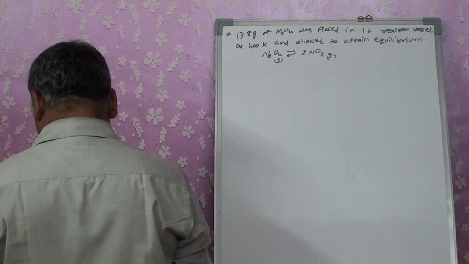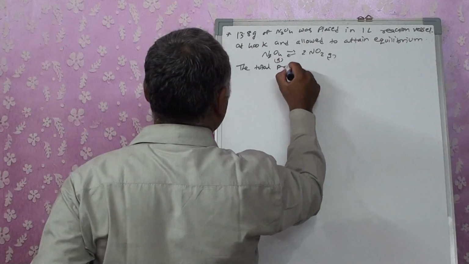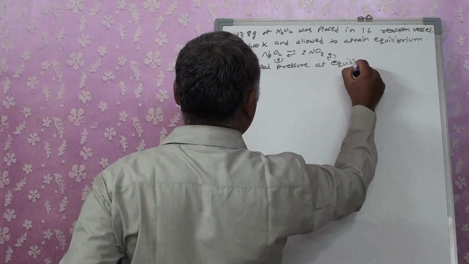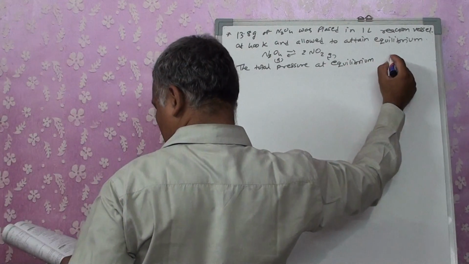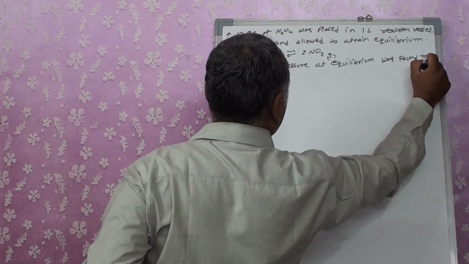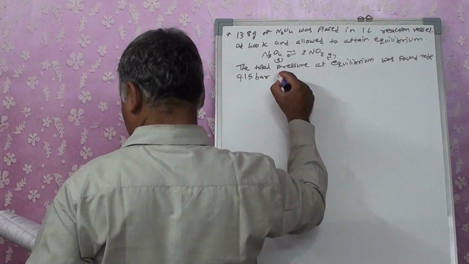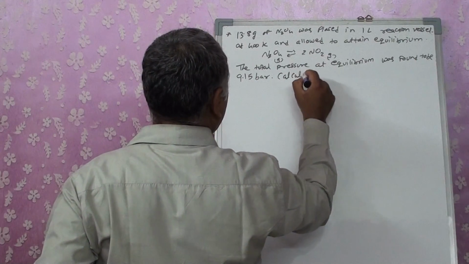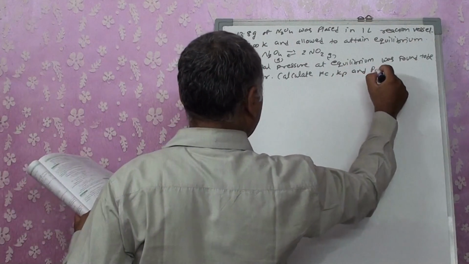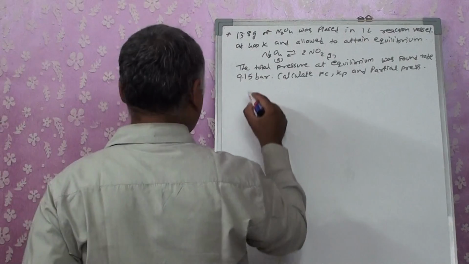The total pressure at equilibrium was found to be 9.15 bar. Calculate Kc, Kp and the partial pressures at equilibrium.